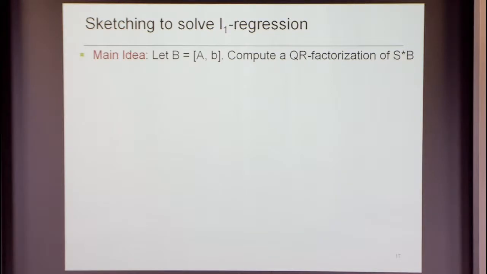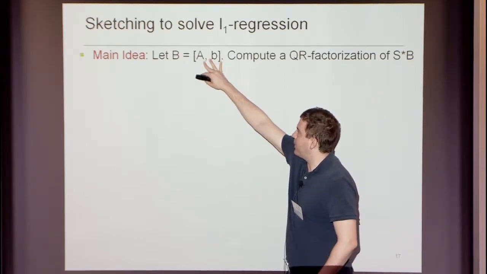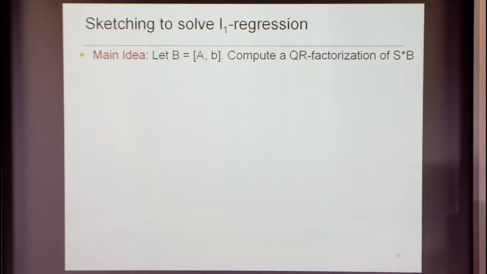Okay, so let me say how you use sketching to solve L1 regression. Again, we're going to create this adjoint matrix A and B. And now we're going to do something differently. We're going to compute S times B, where S is this matrix of IID Cauchys. And we're going to compute a QR factorization of this, in the standard L2 sense.